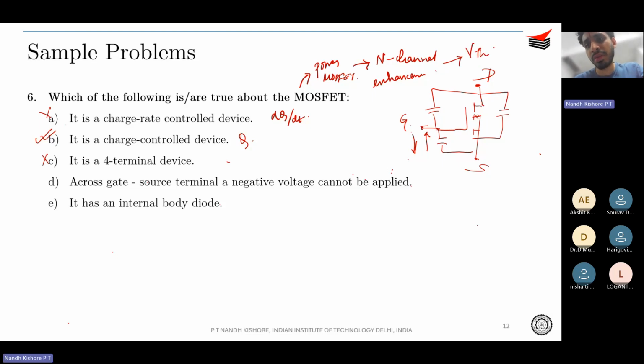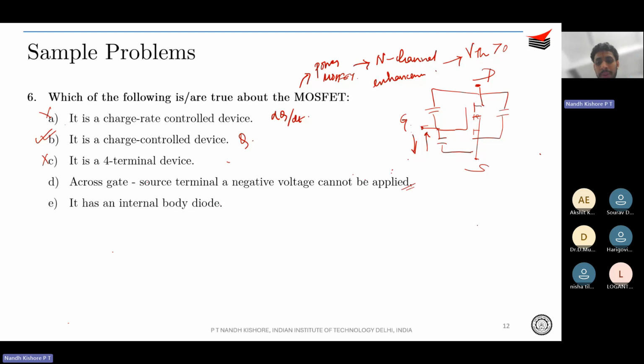Across gate source terminal, a negative voltage cannot be applied. It's not true. You can apply a negative voltage, but the point is the MOSFET won't turn on. So if it is about turn on, of course, a negative voltage will not turn on the MOSFET.